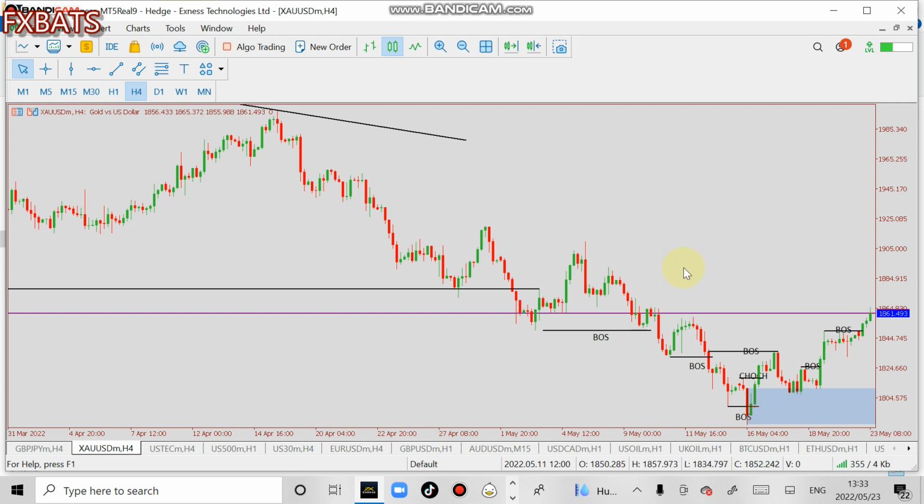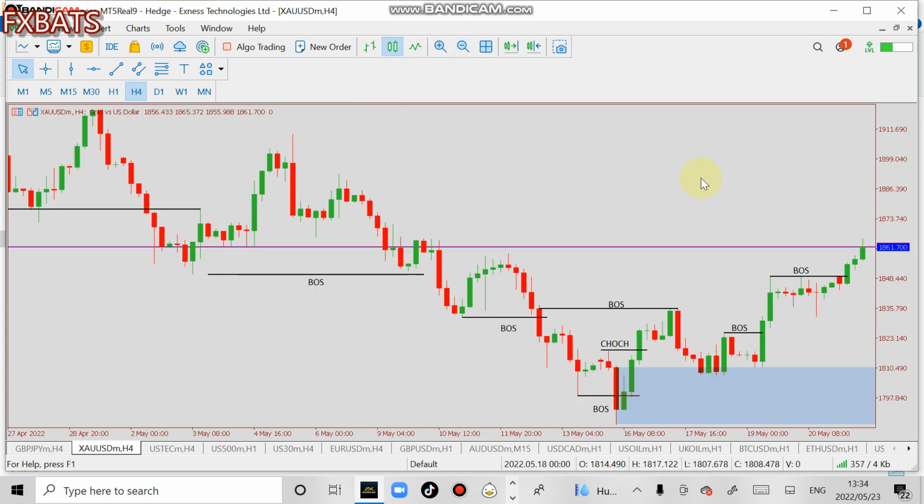So we experience what we call the anti-trend move. In this anti-trend move we have a series of structures which we call the internal structures. These structures come about due to the engineered liquidity in the market.